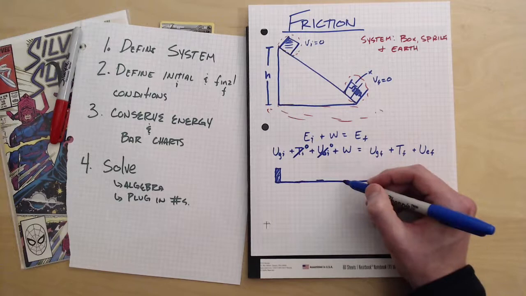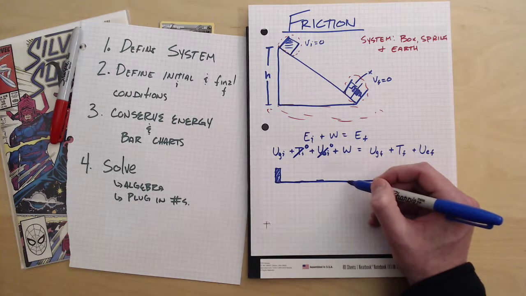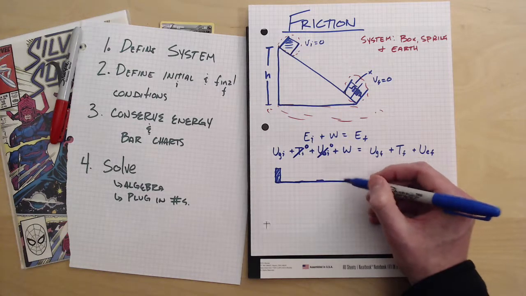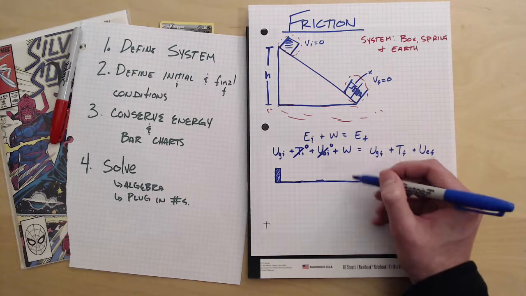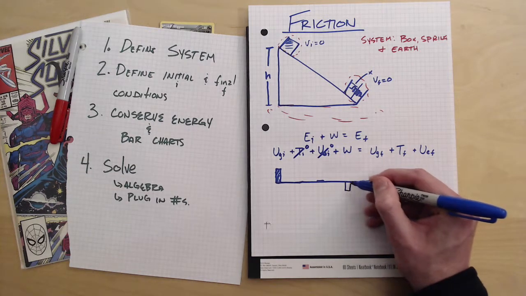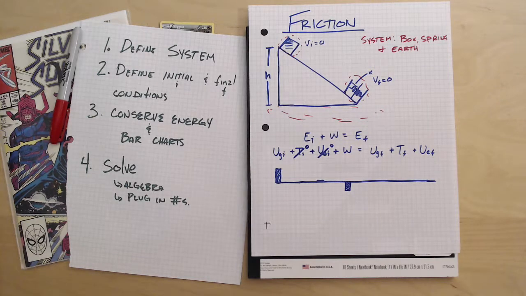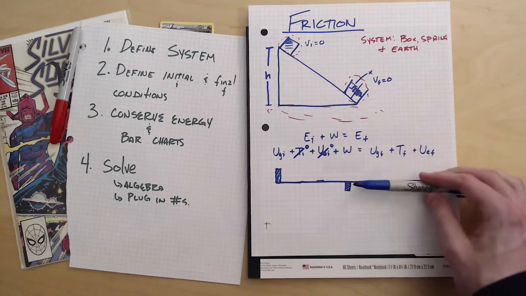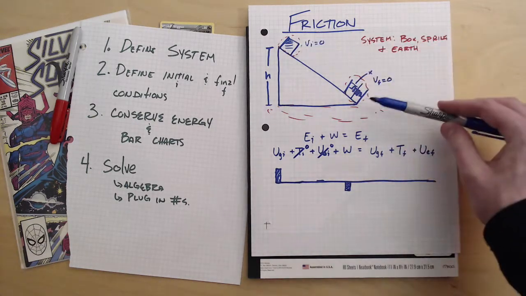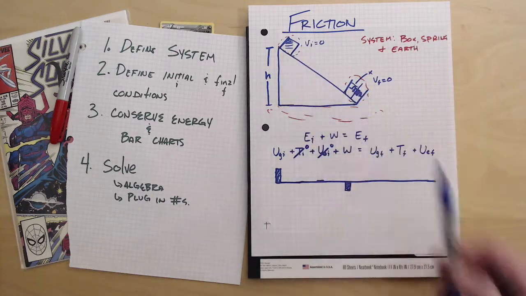So instead of drawing a bar up to symbolize gaining some sort of energy from an outside force, we're actually going to draw it upside down because now we're losing energy from that outside force. Okay, so friction is going to be taking away energy from our system, from our box sliding down the incline. At the end of the day, it's going to slow it down just a little bit.